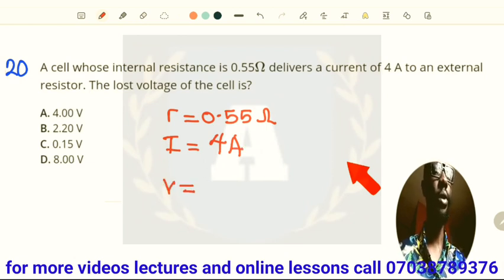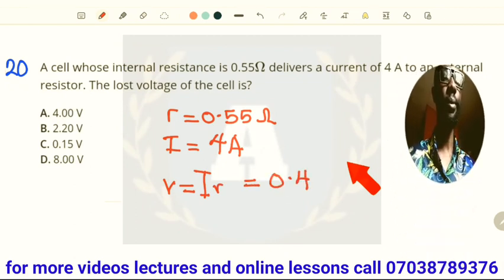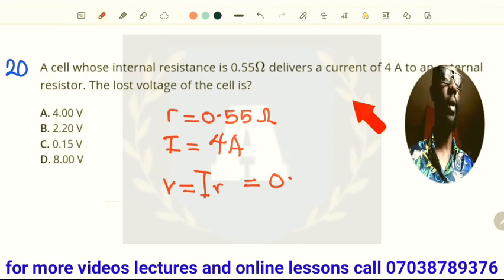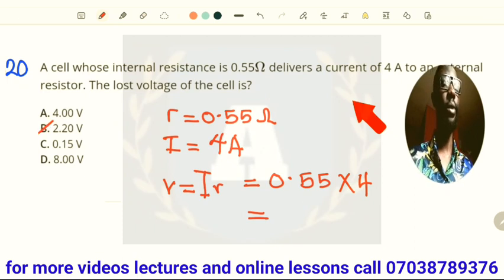Lost volts is the product of current multiplied by the internal resistance. That is 0.55 multiplied by 4, which is equal to 2.20 volts. That is the lost volts.